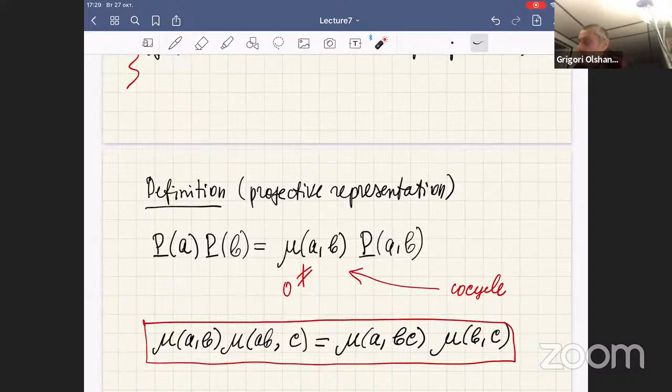In principle, the definition is essentially the same as in the case of groups.